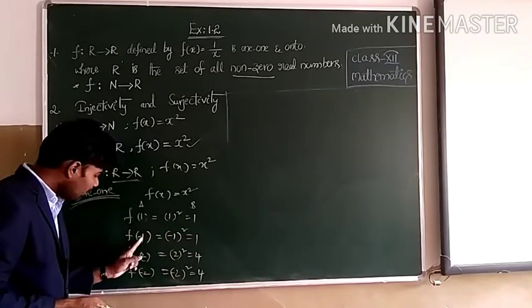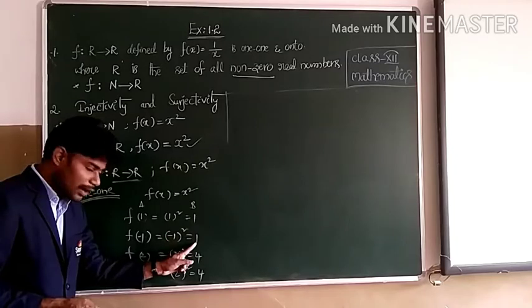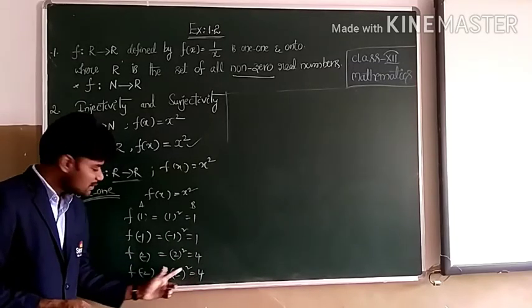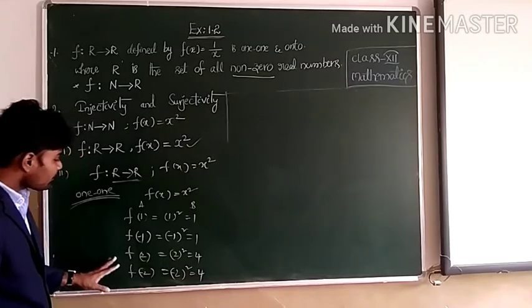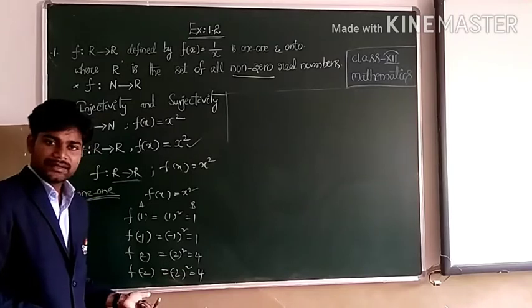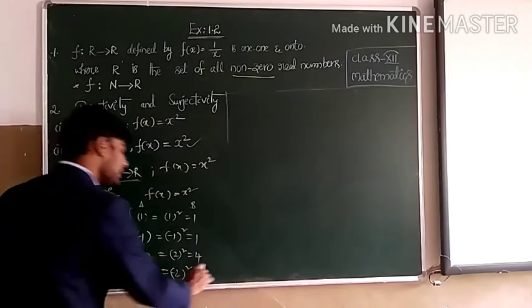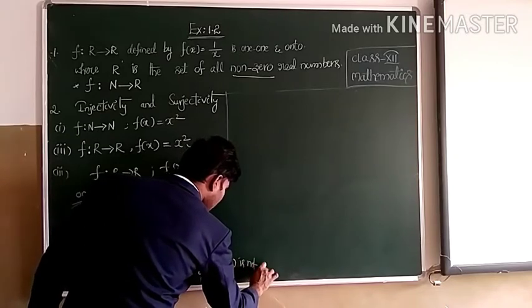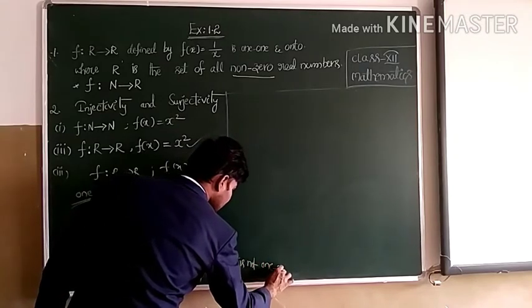So 1 and minus 1 have the image 1, and 2 and minus 2 have the image 4. So this function is not a 1-1 function. It does not satisfy the 1-1 condition. We can say that f of x is not 1-1, or not injective.